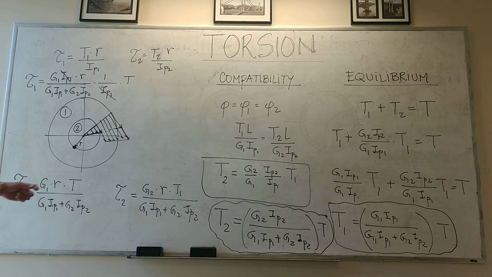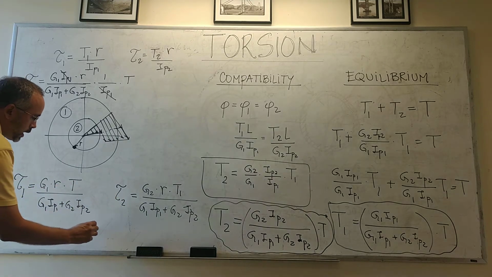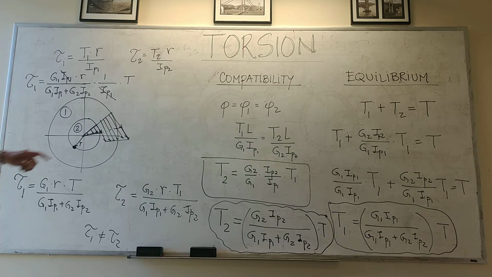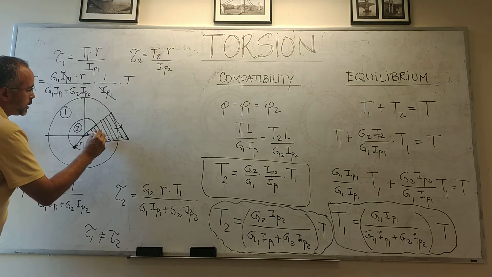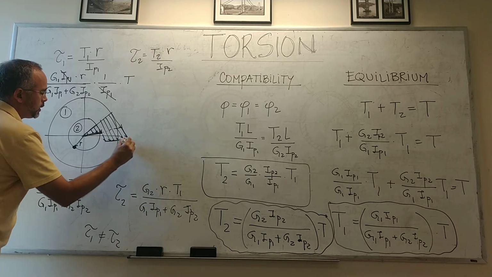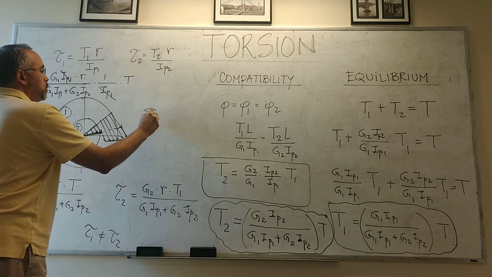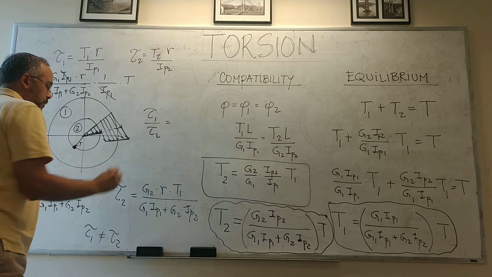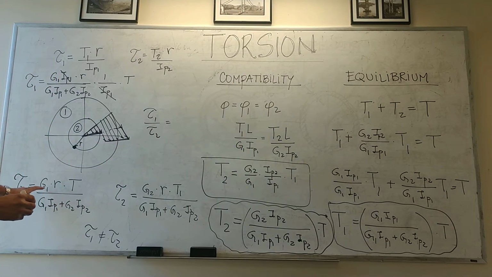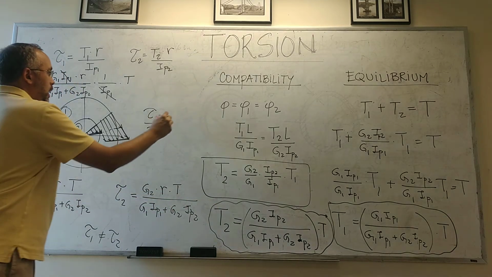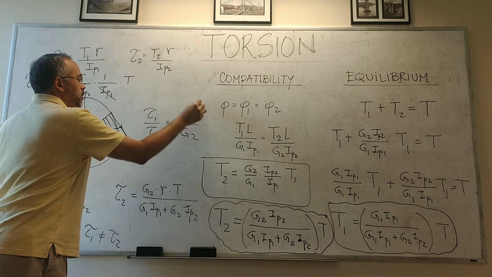So you can see these two numbers are not the same. So there is a discontinuity between the stresses that you see in material 1 and the stresses that you see in material 2, and the ratio is going to be equal to the ratio of the shear moduli. If you take this and divide it by this, the denominator is the same, the R and the T cancel out, and basically you get G1 divided by G2.